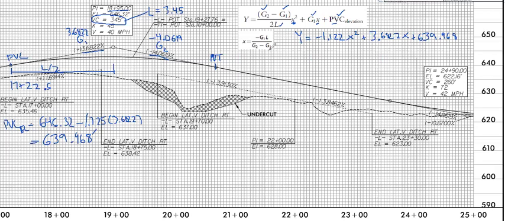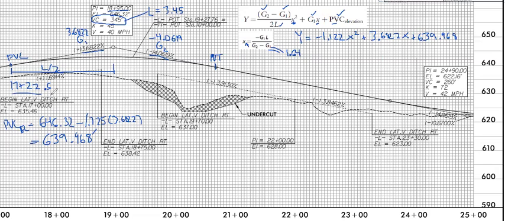The other thing we need to find is our x distance to the high point. It's also called x of m. Sometimes you'll see that notation. So it's negative G1 times L over G2 minus G1. So if we do that math with our given components, we're going to get a value of 1.64. That's 1.64 stations from the PVC is where that happens. We were asked for the station and elevation of the high point. So we're going to add this x of m to our PVC station.